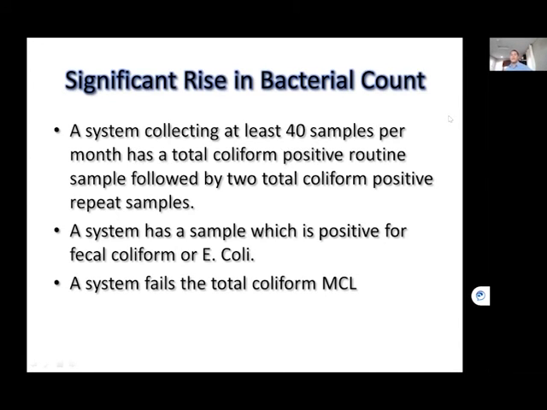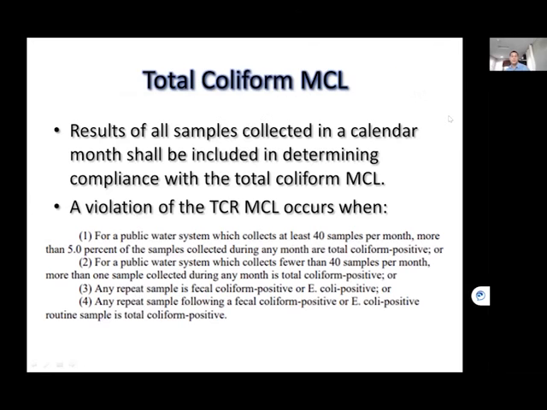So a significant rise in bacterial counts is a system collecting at least 40 samples per month that has a total coliform positive routine sample followed by 2 total coliform positive repeat samples. They would call that a significant rise in bacterial counts. And a system that has a positive for fecal coliform or E. coli, or a system that fails the total coliform MCL, would also be regarded as a significant rise.